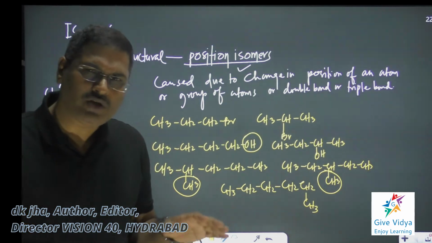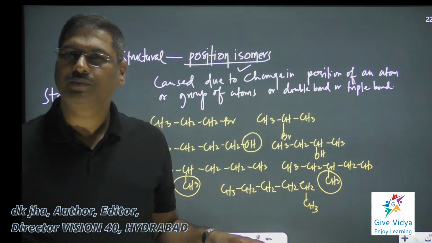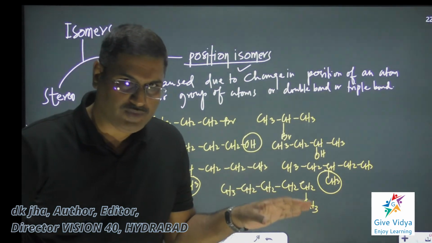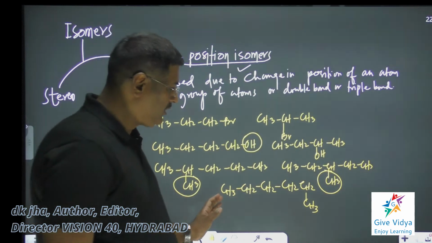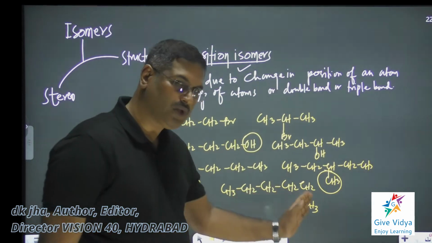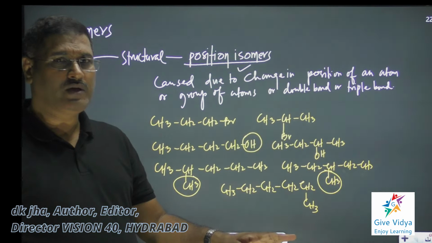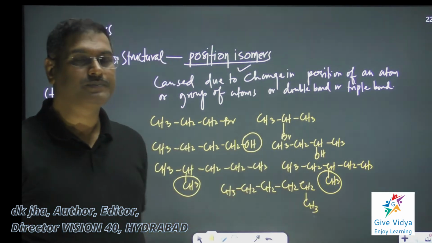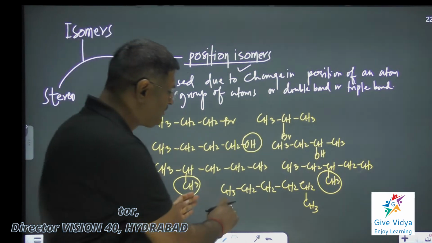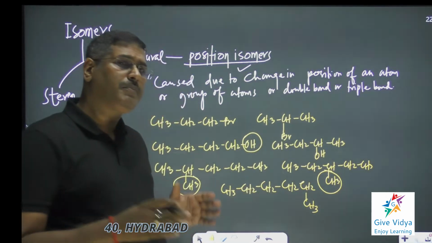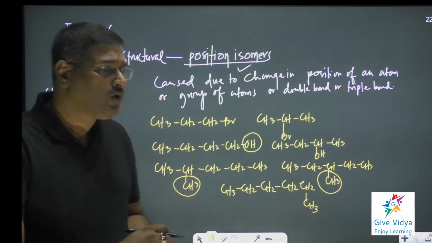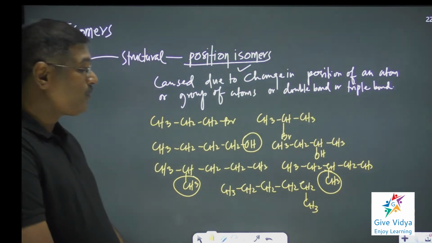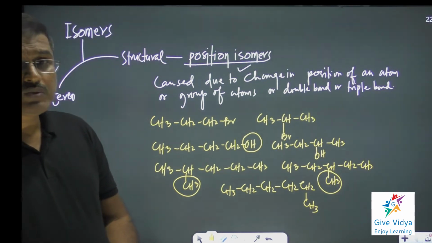Is it the change in position of that group? Yes, no doubt. Methyl group is shifted from this position to that position. This is a change in position. But this is no more a position isomer, because that becomes an integral part of the chain, and the parent chain is getting affected. So this one is no more a position isomer.